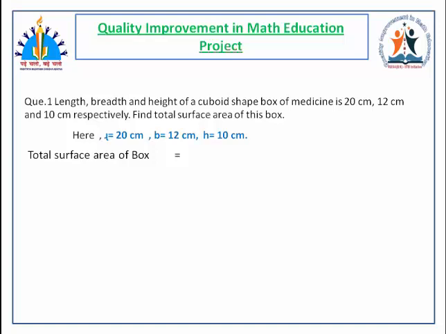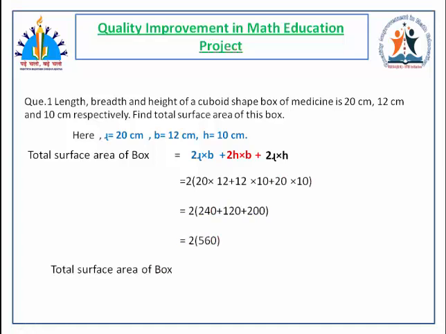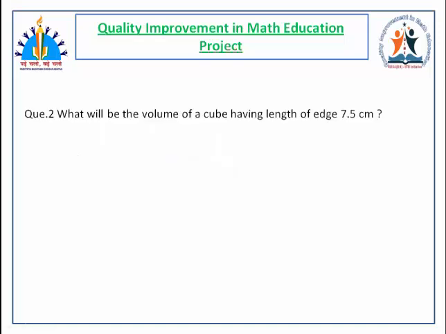Total surface area of a box is 2 into length into breadth, 2 into H into B plus 2 into L into H. By substituting the values, we will get the answer like this. That is, the total surface area of the box is 1120 square cm.